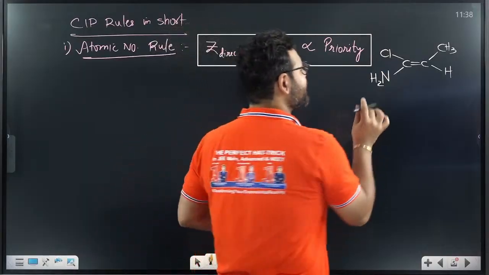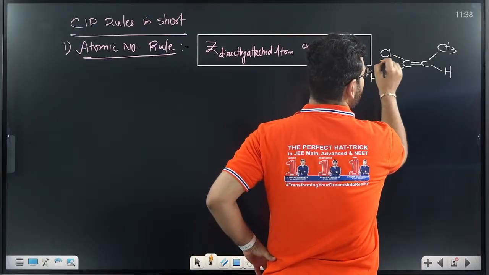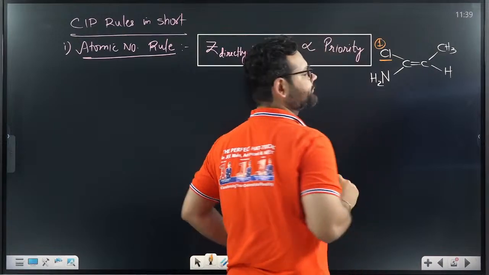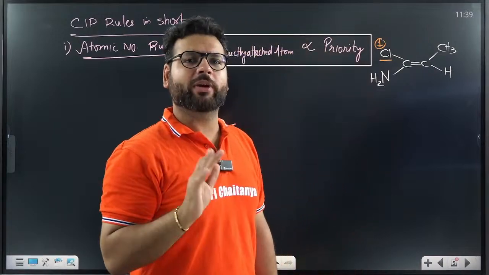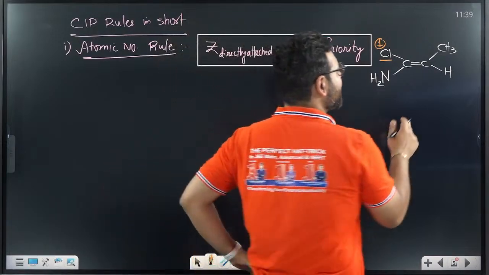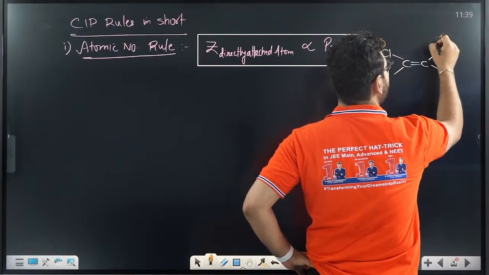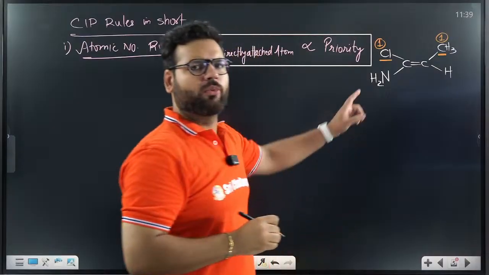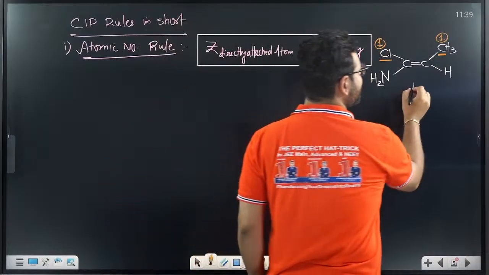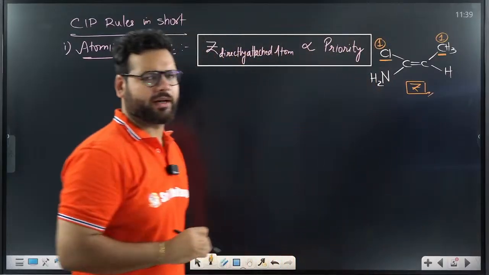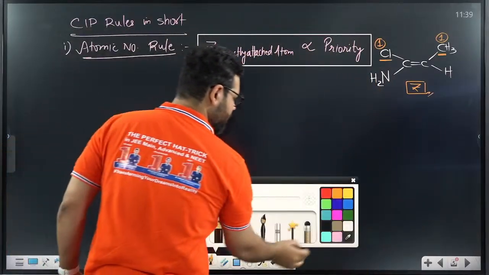So the directly attached atom is chlorine versus nitrogen. Chlorine has more atomic number, so chlorine becomes the winner. Carbon versus hydrogen: carbon is the directly attached atom having higher atomic number. So both the higher priority ones are on the same side. So it is cis-like, which is Z.